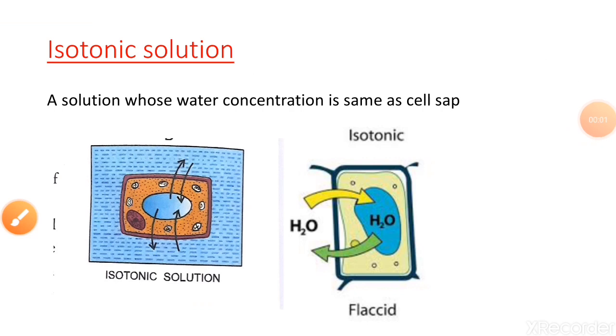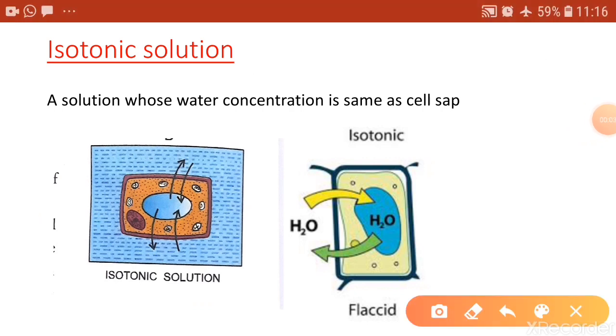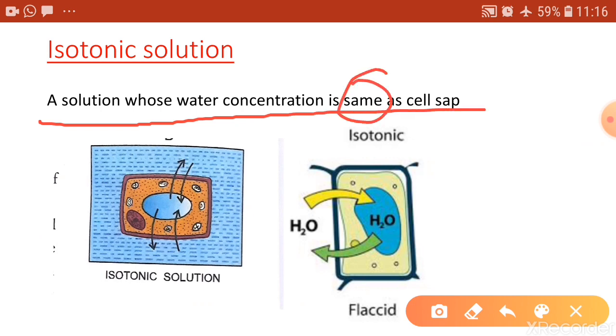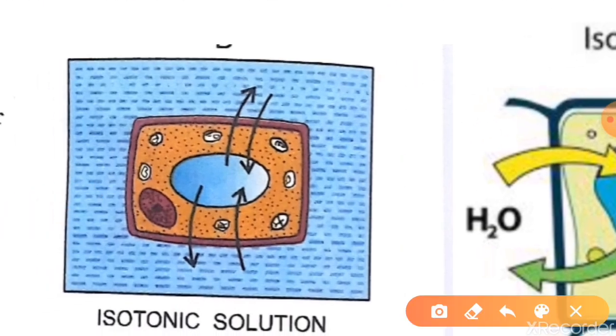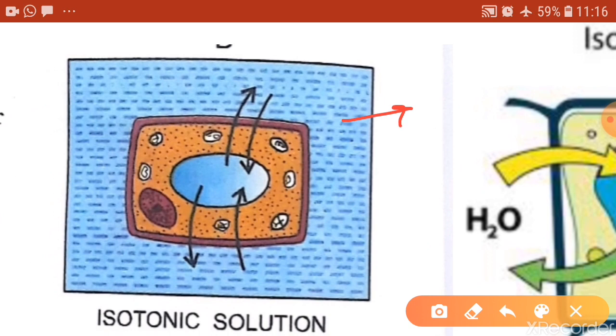What happens in an isotonic condition? First, an isotonic solution is a solution whose water concentration is the same as the cell sap. That means if you take a condition where the solution outside and the sap inside have the same water concentration, because of the plasma membrane, which is a semi-permeable membrane, this will allow osmosis to occur.